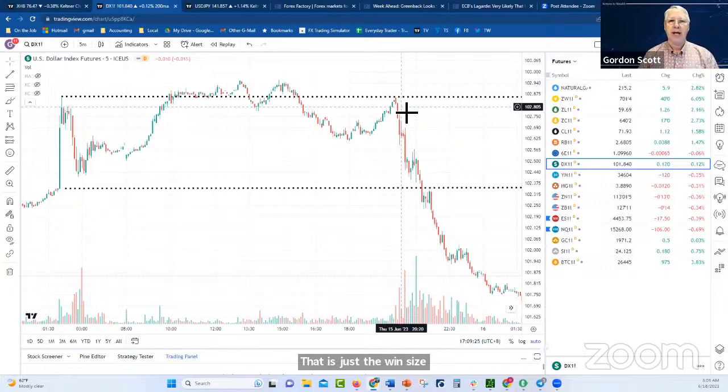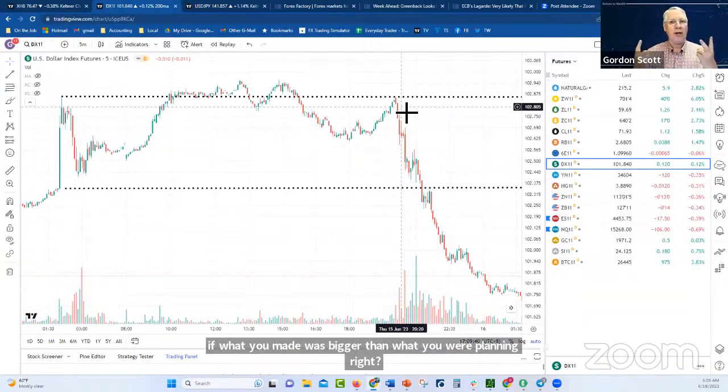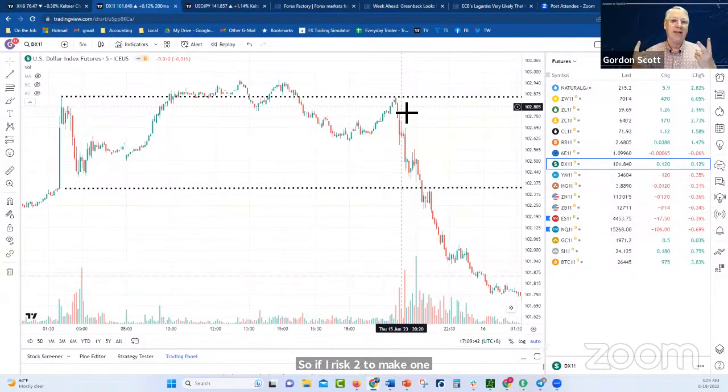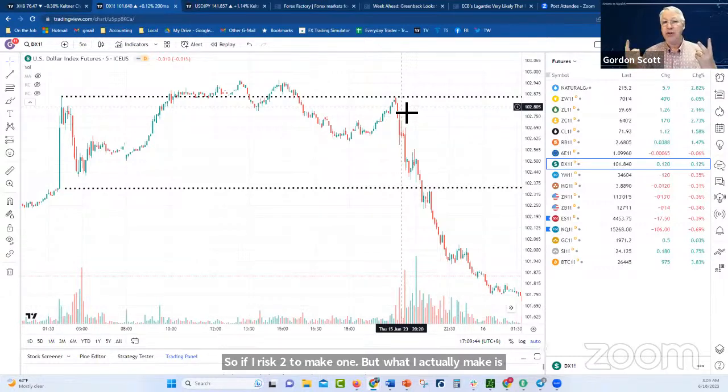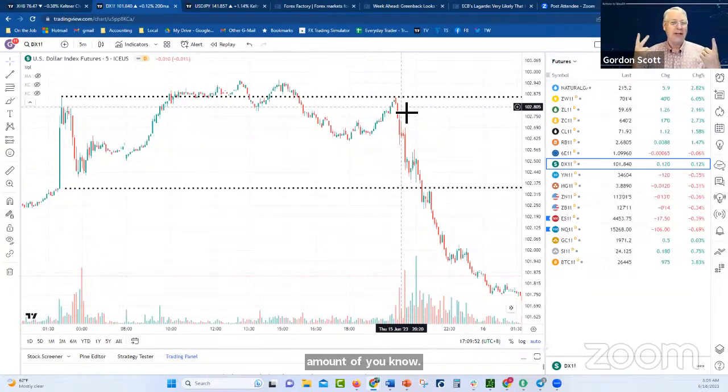If you set up a trade where you're going to try to risk one and make two, or risk two and make one, either one, what if what you made was bigger than what you were planning, right? So if I risk two to make one, but what I actually make is 1.5 or 2 or 3 or 5 times the amount, or if I risk one to make two, but instead of making two, I make 3 or 4.